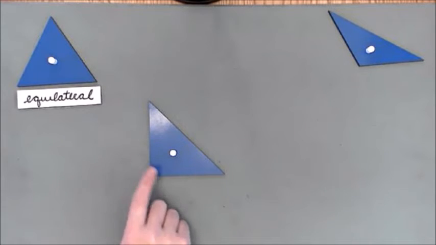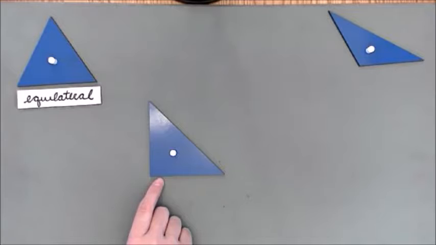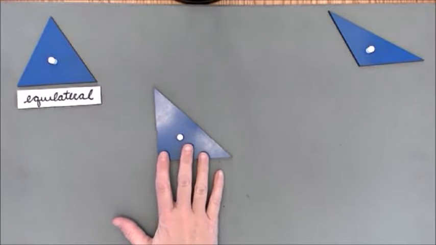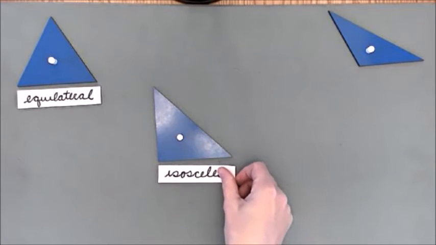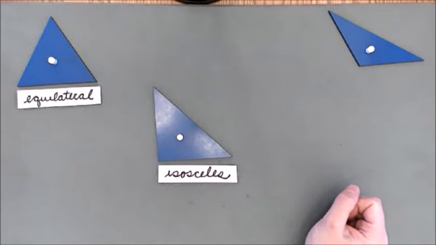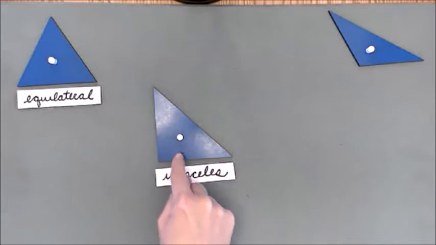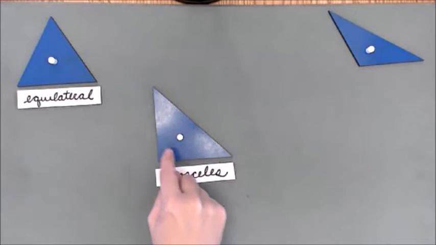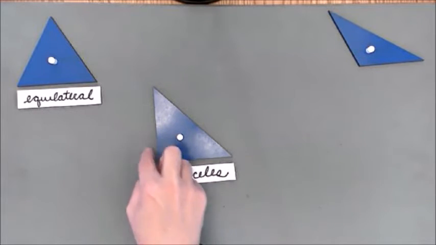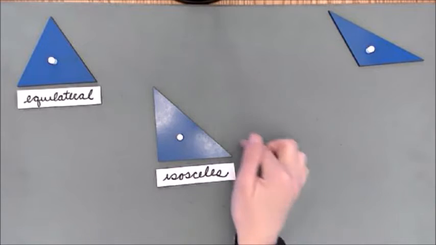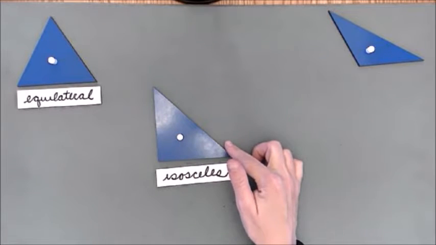These sides that are the same, there's two of them. There's two sides that are the same. This is called an isosceles triangle. An isosceles triangle has two sides that are the same and one that is different.